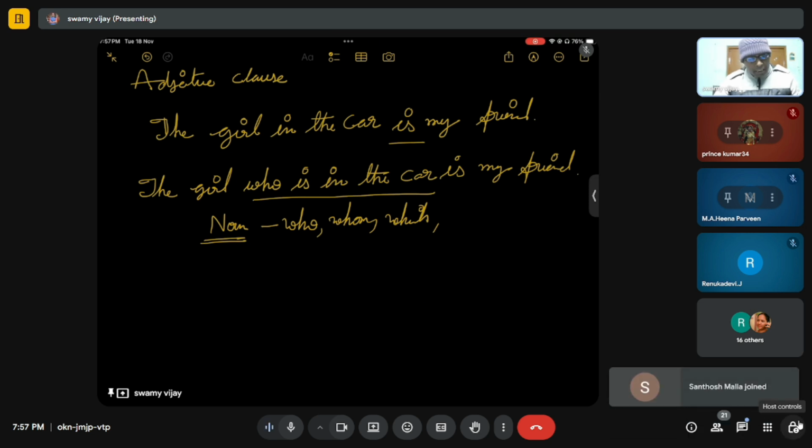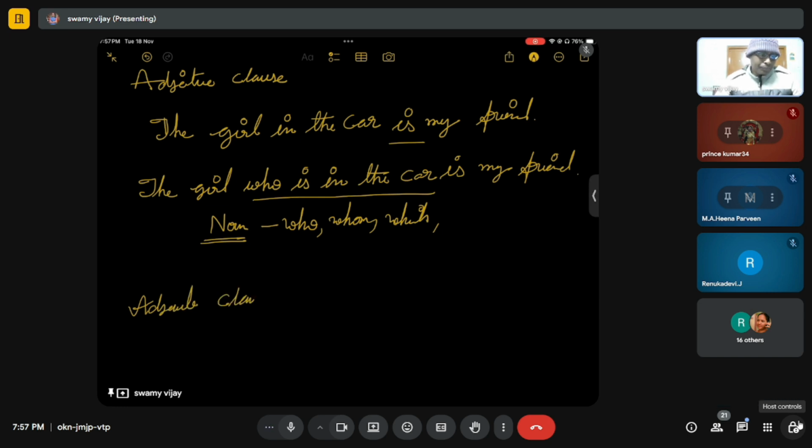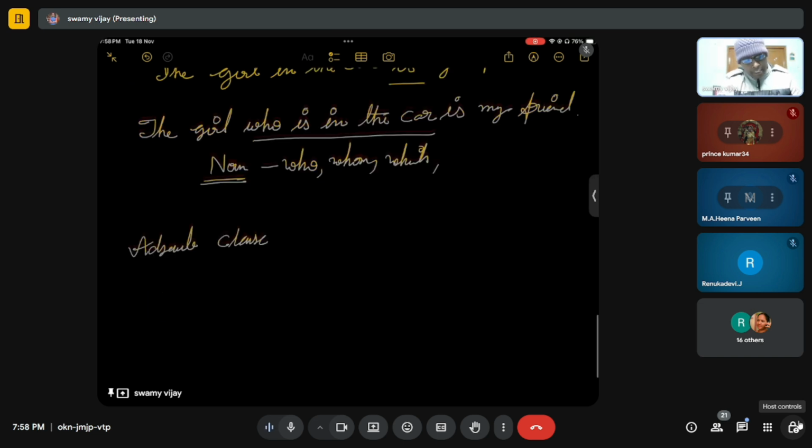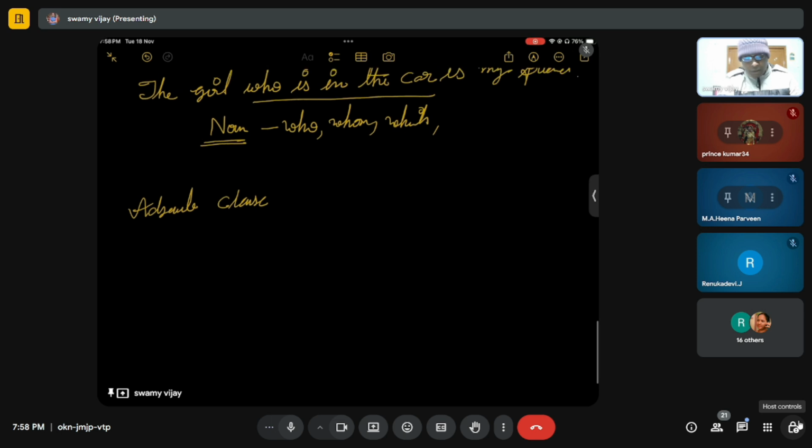Okay. Third one is we have to find out the clauses for adverb. Adverb clause. Now the sentence I'll write with a little difference.